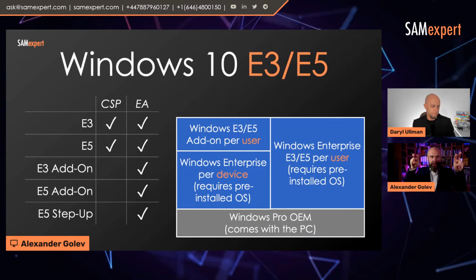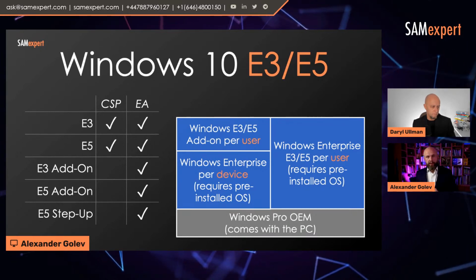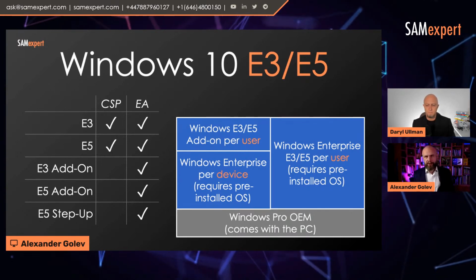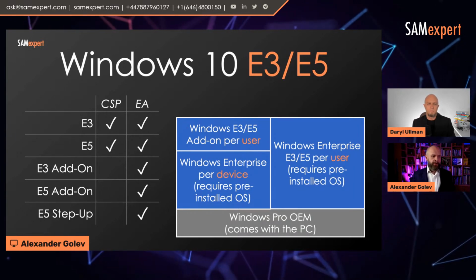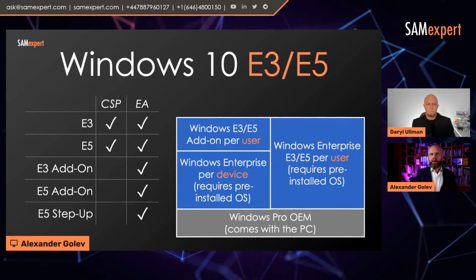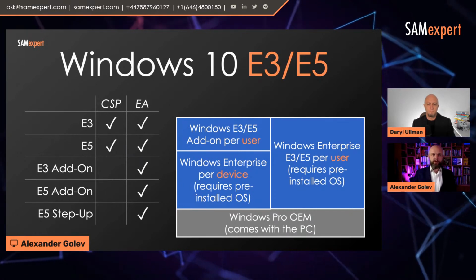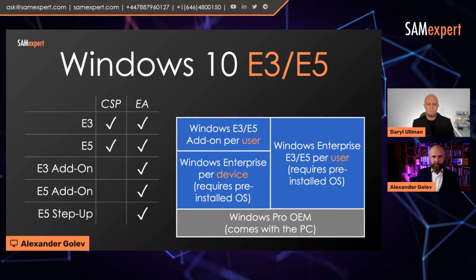There are add-on licenses available in an enterprise agreement only, which can take you to the online license from an already discounted one, so it's a discounted license. Very useful when you need to convert only some of your users to per-user licensing, not the entire user base, because only some users need online subscriptions.